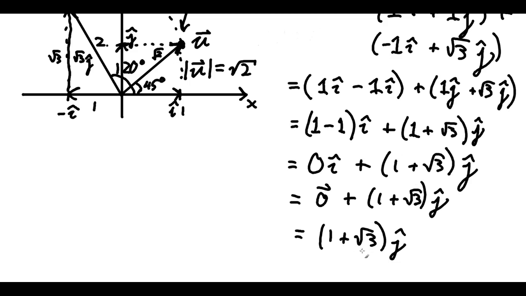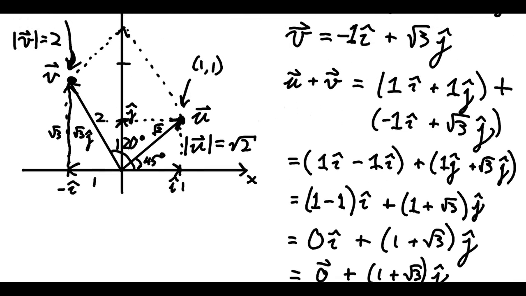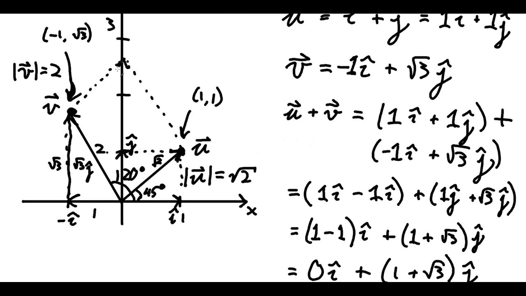Or was it approximately 2.7? A little over 2.7? Let's say approximately equal to 2.7 j. And if we come back to our picture, this vector that we drew here, I tried to make it close, this is ballpark. If that's 1 and that's 2, that's 3, this could be around 2.7. There's our vector that is 1 plus radical 3 times j.